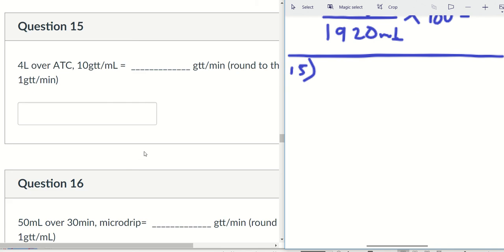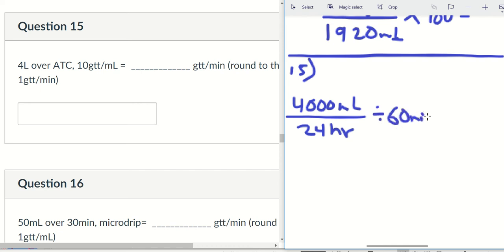Alright, 15. We are looking for drip rate. So to get drip rate, we start with the flow rate. 4 liters is 4,000 mLs, and the time around the clock is 24 hours. The first step is to divide by 60 minutes, and the second step is to multiply by the drops.